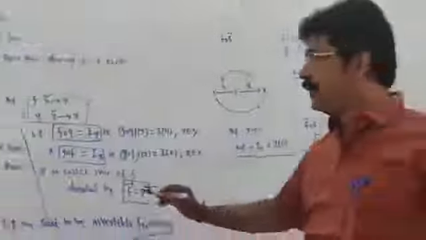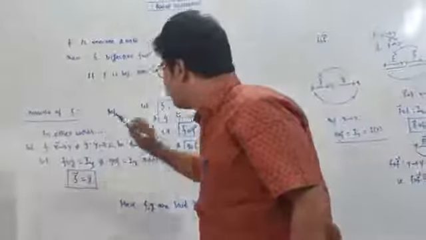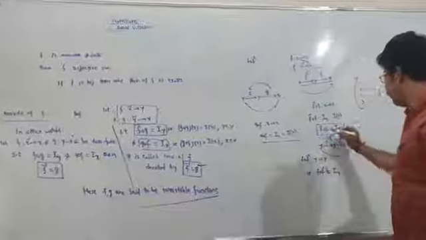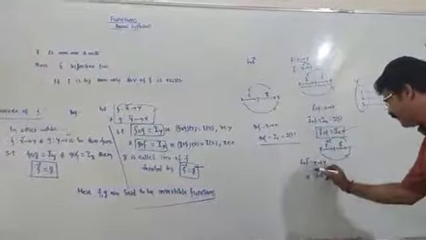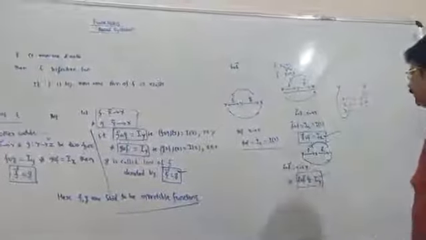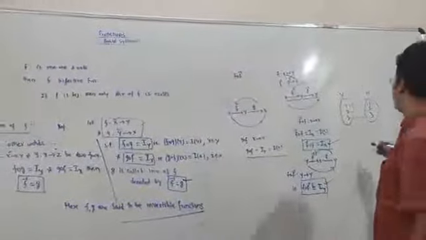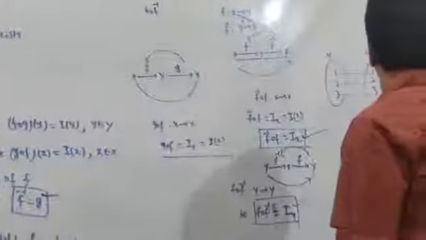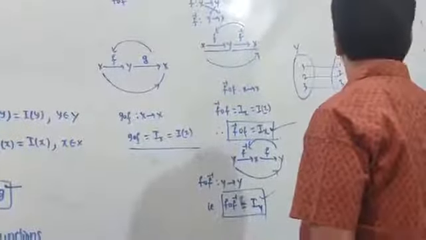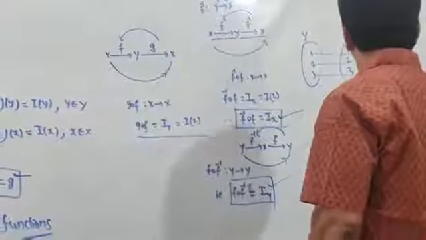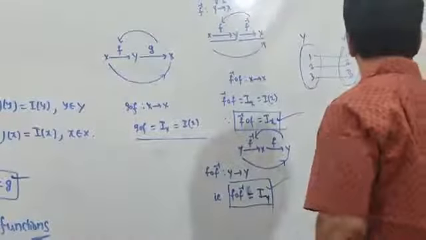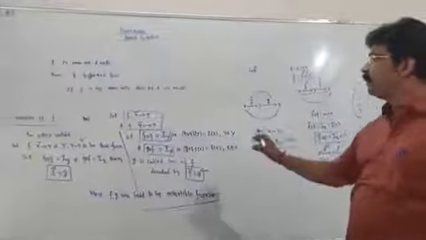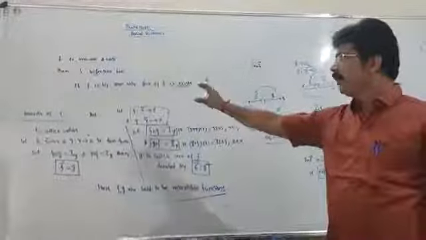We have to remember this definition, especially for the problems. And f inverse circle f is Ix, and f circle f inverse is Iy. We have to make these three notes. Once again, it is better to write f inverse circle f equals I capital X, and f circle f inverse is equal to I capital Y. This is the synopsis about bijective functions or inverse functions.